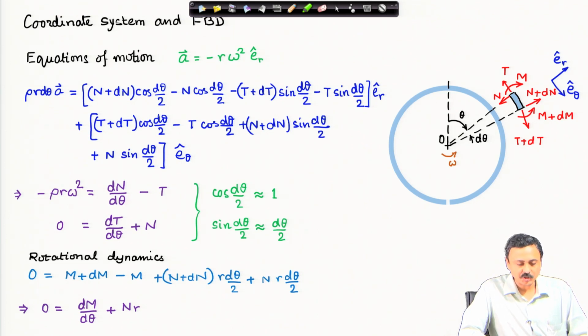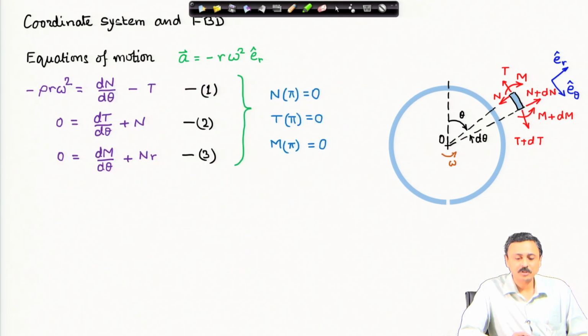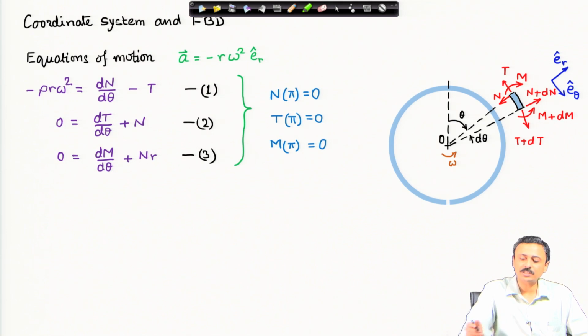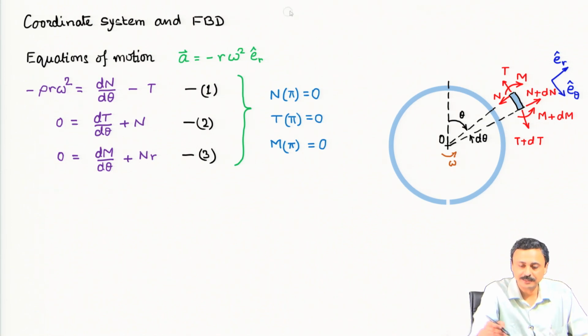Now, I have these three first order ordinary differential equations to solve for, to determine N, T and M. Since when we integrate we will have constants of integration, to uniquely solve for the system we need boundary conditions, and boundary conditions are provided by this split end.